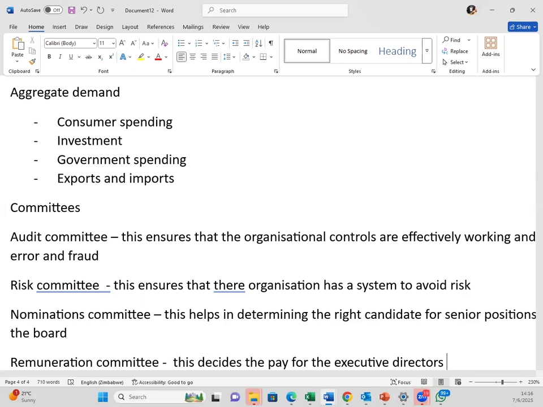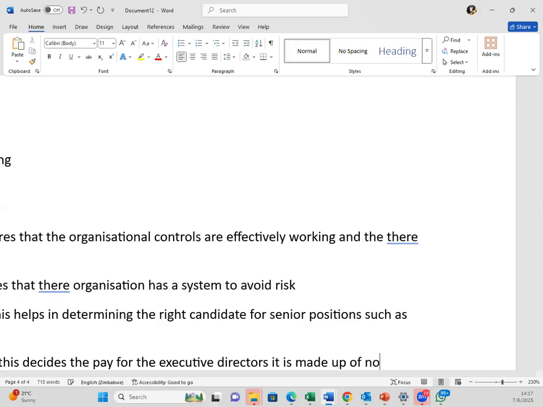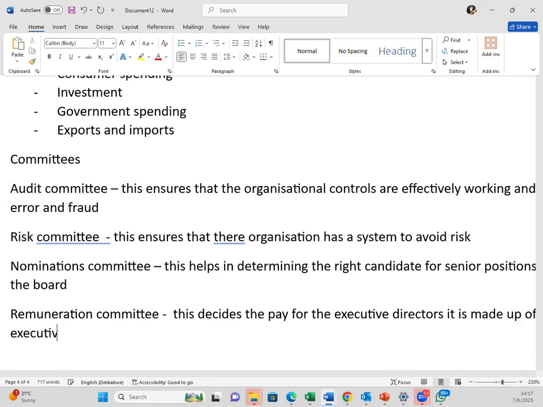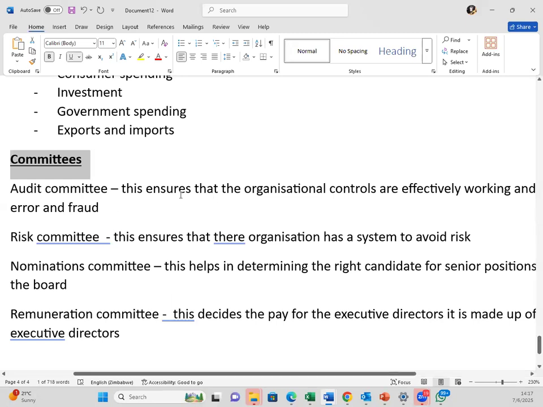It is made up of non-executive directors. In fact, most of these committees are made up of non-executive directors, okay?